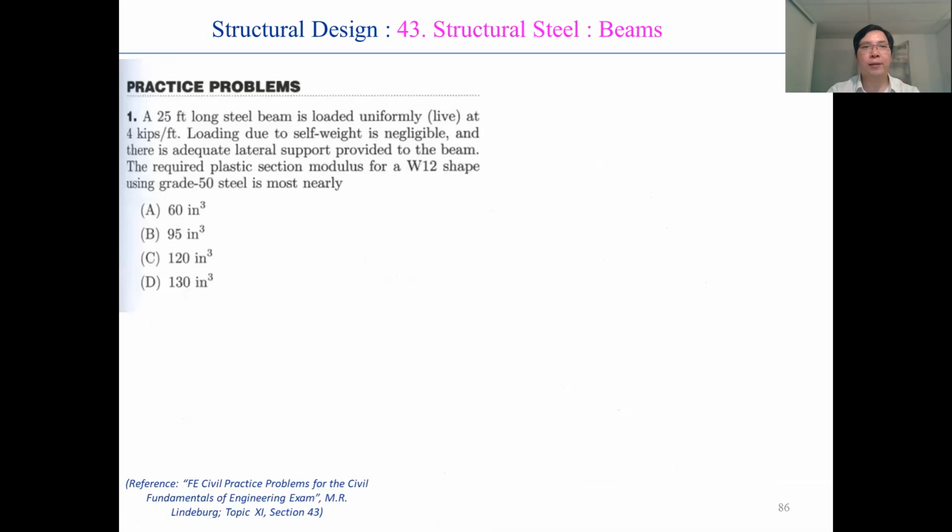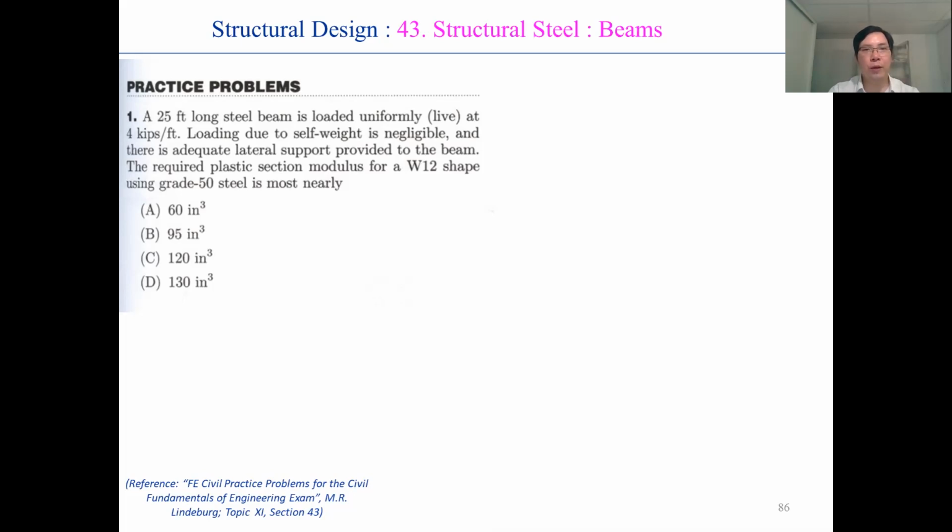So now we pass to the practice problems. In this one, you can see a 25 feet long steel beam loaded uniformly at 4 kip per foot.